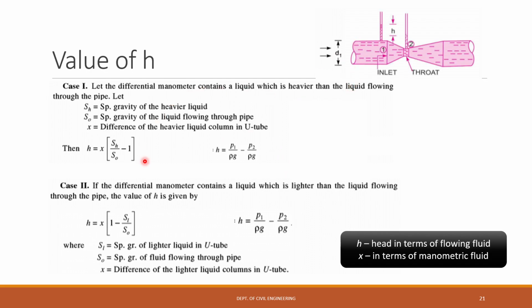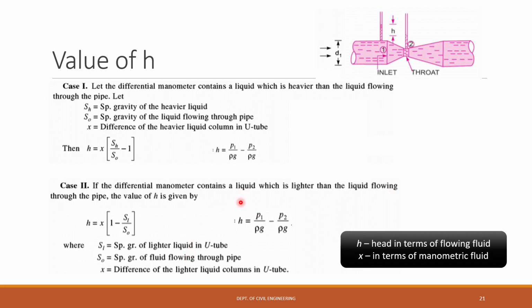Now we'll move on to the second case. In the second case also, the venturimeter is horizontal, but the fluid inside the manometer is lighter than the flowing fluid. I'll give you an example.